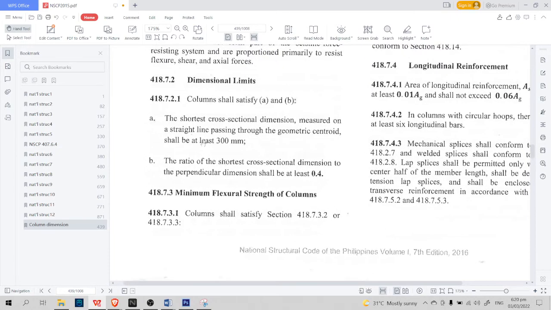But, ayun, gusto ko pa rin gamitin 300 mm. Safe ka. Columns. So, wag nyo muna pansinin. Shall be at least. Saka na natin.